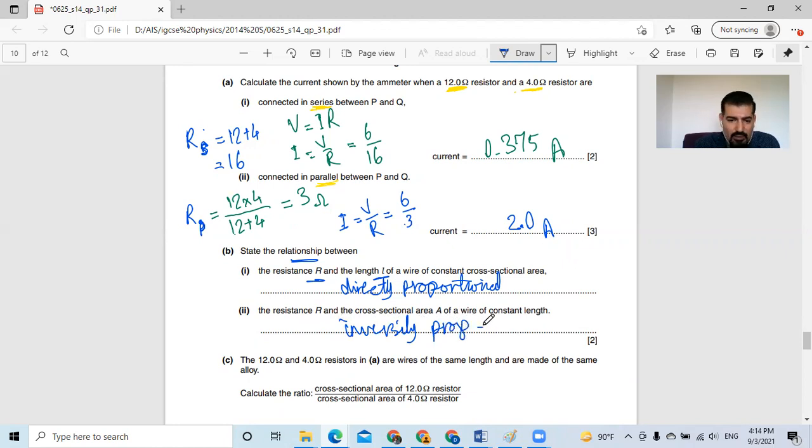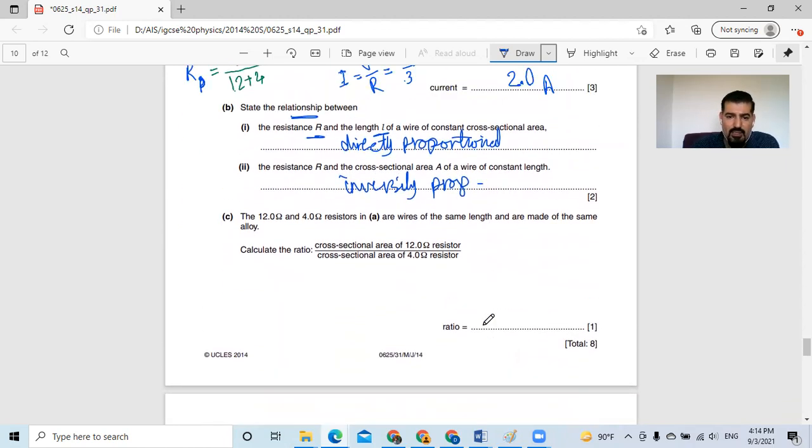Then they ask about the ratio between what and what? They say the 12 ohm and the 4 ohm are made of the same wire, so of the same length and made of the same alloy. Calculate the cross-section area over cross-section area.